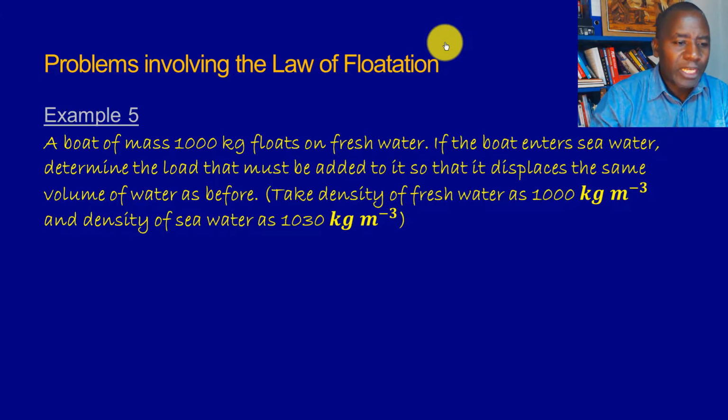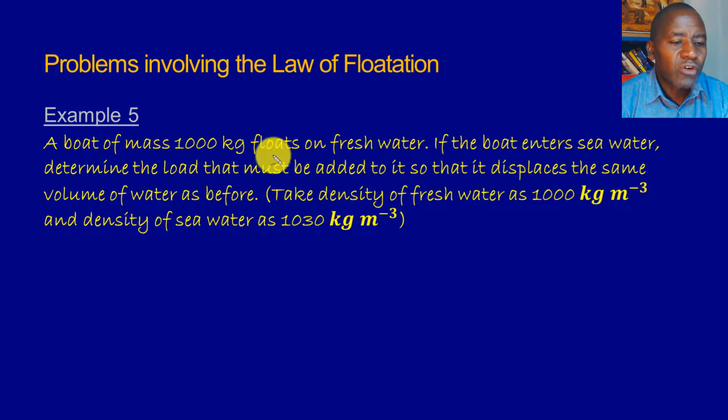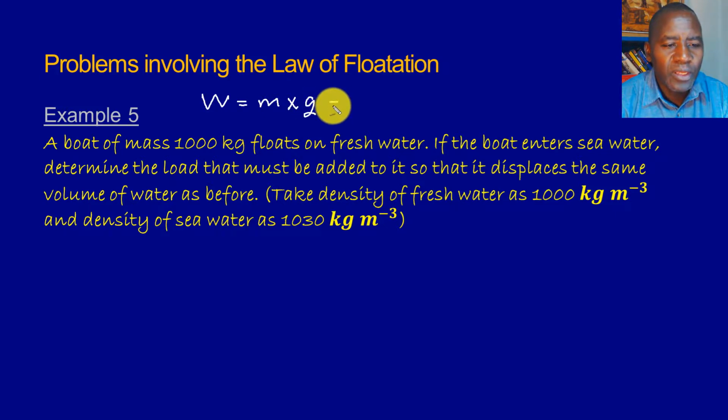So let's go step by step. So over here we have the mass of the object. We can work out its weight by doing weight is equal to mass times gravitational field strength. The mass is 1,000 kilograms. The value of the gravitational field strength of the Earth is 10 newtons per kilogram.